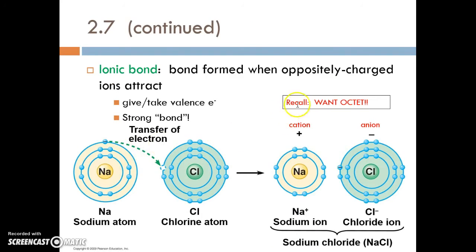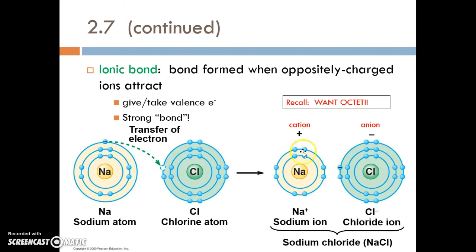And an ionic bond is when they're oppositely charged. So again, this guy, Na, donated the electron, so he became positive. Cl got another electron, so he's going to be negative. So cation, anion, both of them have now occupied the outer orbits with 8. So the octet rule is now complete.